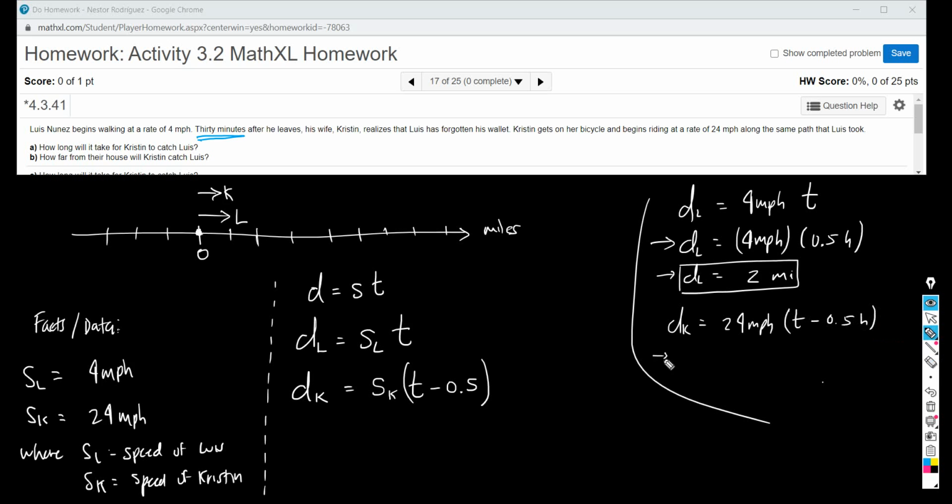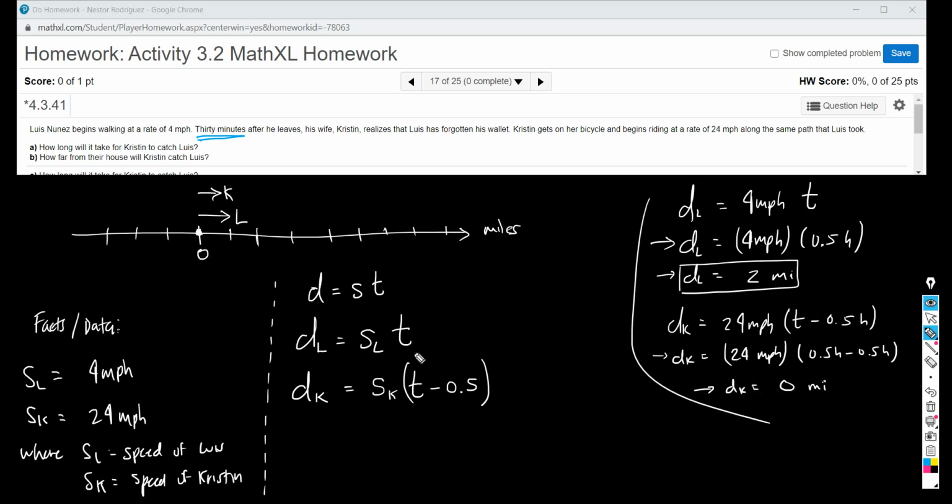Now if I substitute 0.5 hours in here, I get 0.5 hours minus 0.5 hours, and therefore 24 times 0, which is 0. That now makes sense, because 0.5 hours after Luis starts traveling, Christine is still at home at 0 miles, just about to leave.